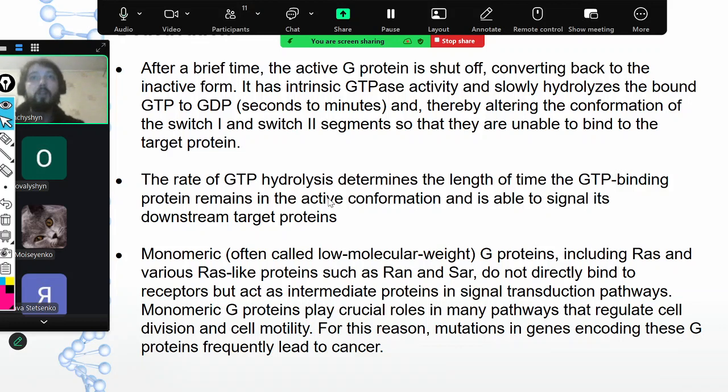So after a brief time, the active G protein is shut off, converting back to the inactive form, because it has intrinsic GTPase activity, and this activity allows it to slowly hydrolyze the bond between GDP and phosphate, transforming GTP into GDP. That takes seconds to minutes, and even this time is too long, so we will meet some more factors that make this process even quicker.